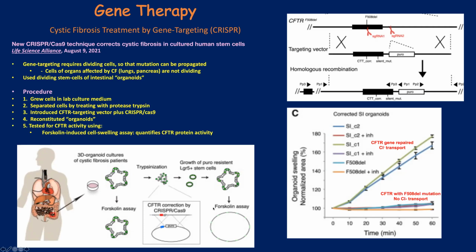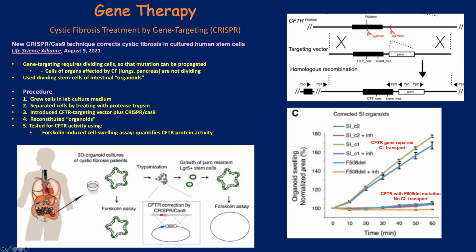Then an assay called forskolin was done to see if this gene replacement had actually worked. In the upper right here is a diagram of the constructions that were used to replace the mutant gene, here in red, with the wild type gene. And in the lower right is the assay to see if it worked.